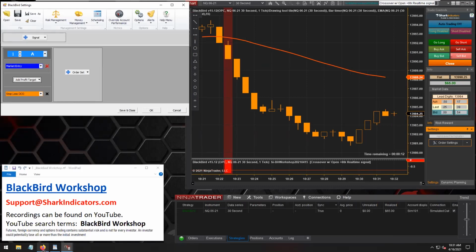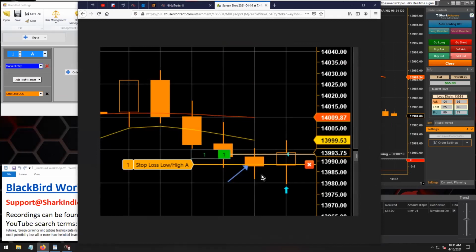What I'm going to do is start by putting the stop loss at the median price of the bar. Typically the median price of the bar is going to be somewhere inside the body. So that should give us a good starting price by putting the stop loss in the median.